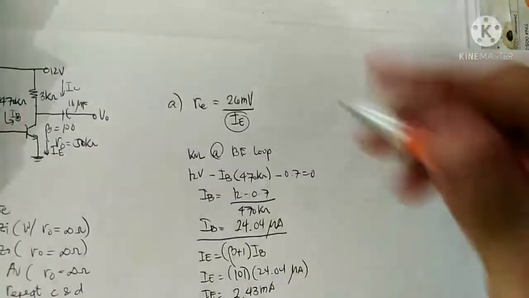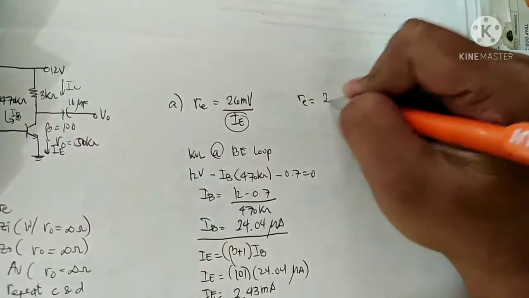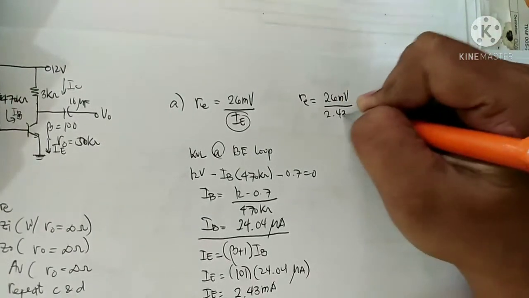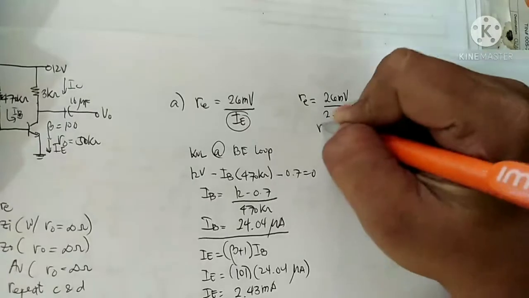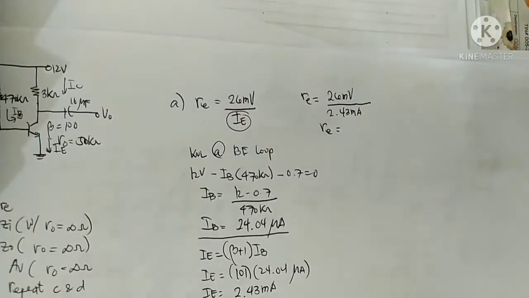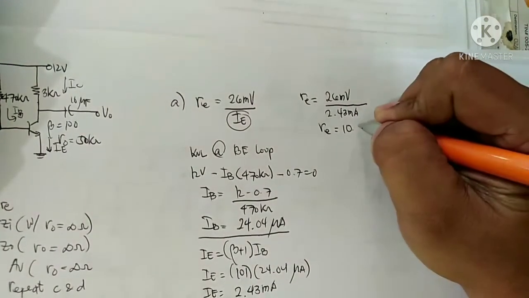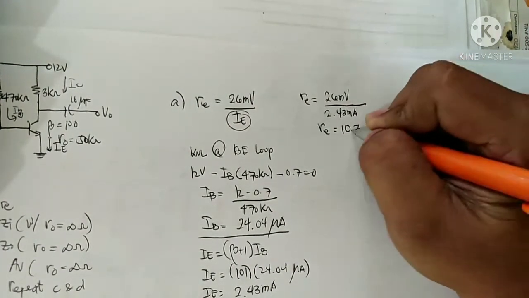So now you can solve for R sub E: 26 millivolts divided by 2.43 milliamps. So R sub E is 10.7 ohms.